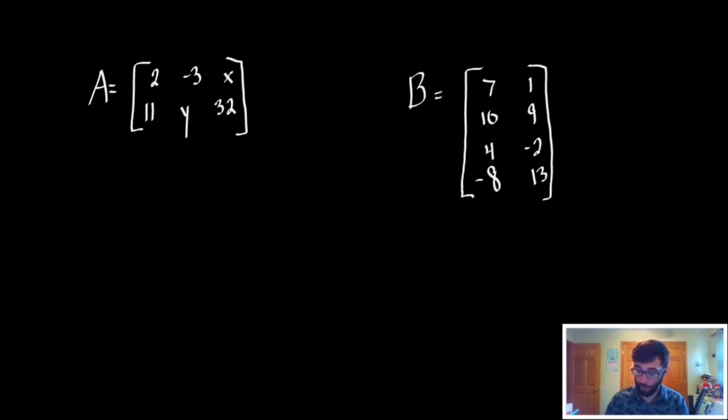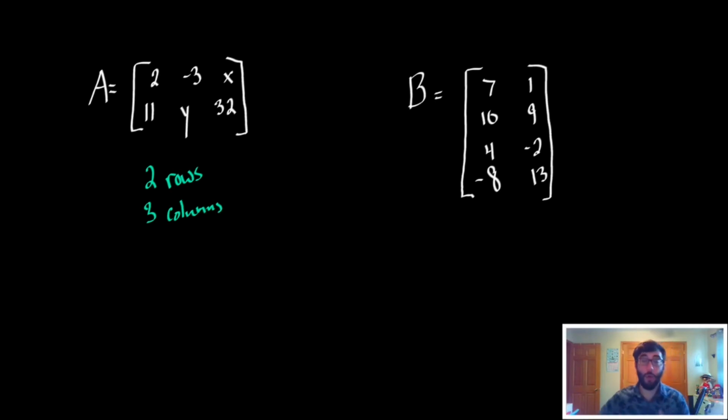For example, matrix A has two horizontal rows. We have a row of 2, -3, and x, and a second row of 11, y, and 32. So this has two rows, and it has 3 vertical columns: a column of 2 and 11, a column of -3 and y, and a column of x and 32. So it has 3 columns.